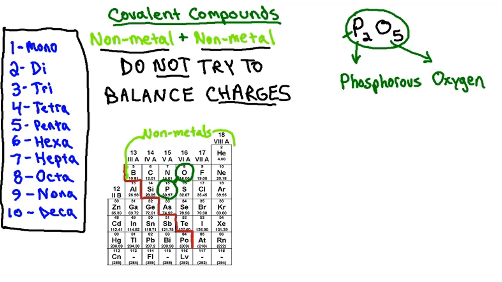Now the next thing that we do is, since oxygen is the second word in this formula, we're going to cross off the end of it and replace it with the suffix "ide," because this is still a compound. So the last nonmetal in the formula ends in "ide" in a compound. Both ionic compounds and covalent compounds, the second word is going to end in "ide."